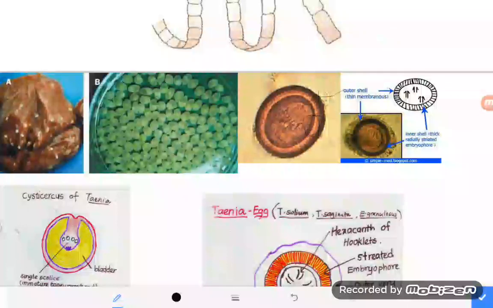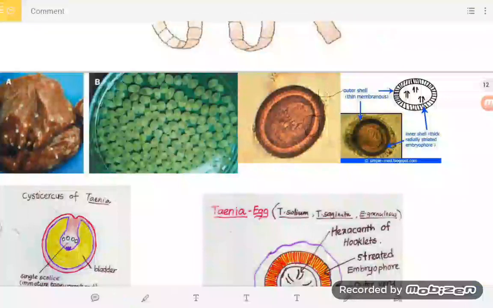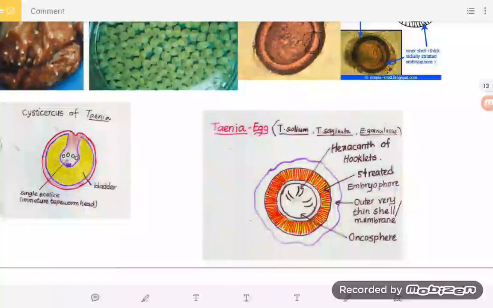The radially striated shell and the oncosphere together we call the embryophore. Remember, the embryophore means the oncosphere, the inside part, and the striated shell.